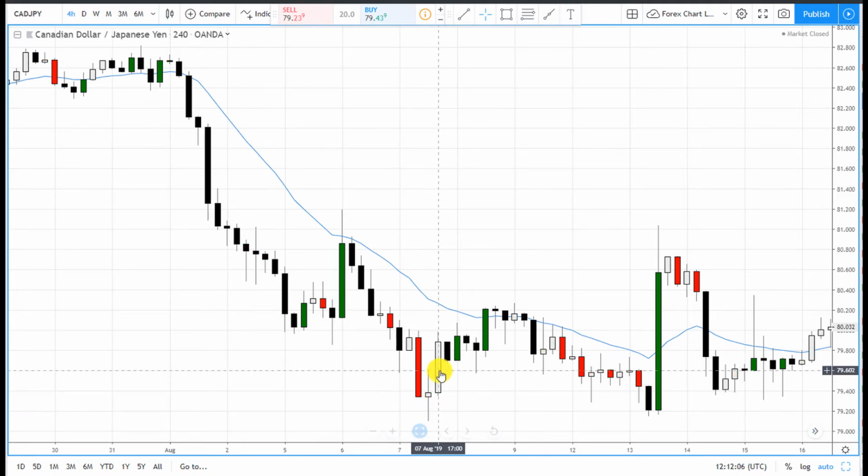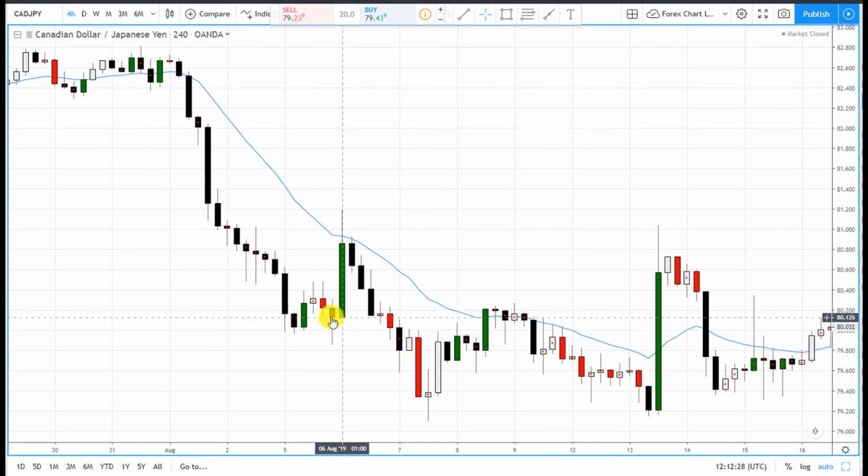Price moved up, moved down, but eventually closed here, so this is an indecision candle. Price dropped, and then buyers are stepping up right here. They were undecided, and then eventually buyers came in and bought it out.